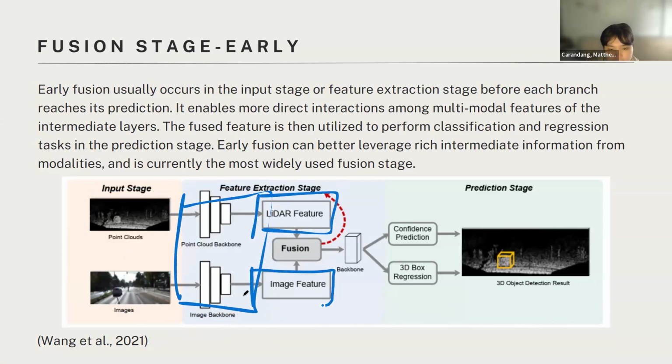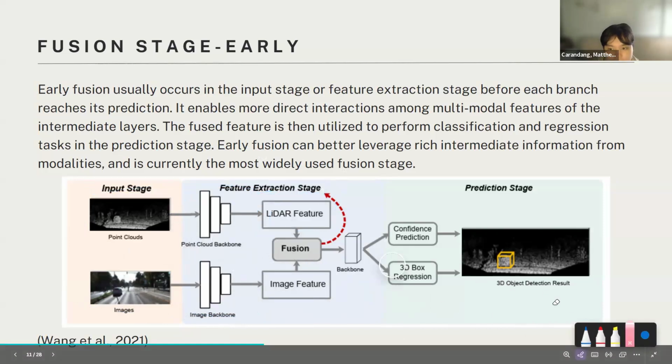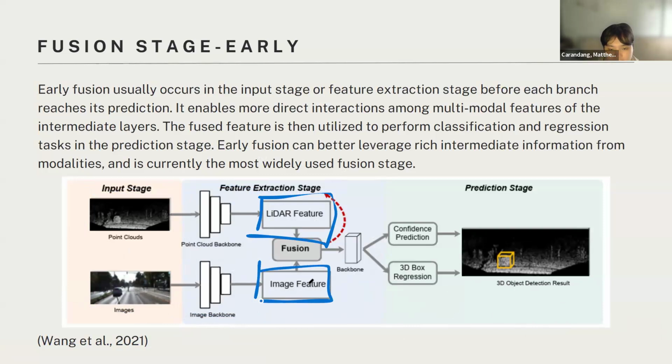So we have each feature. Early fusion would be fusing the LiDAR feature and the image feature at the feature level before it is even fed to the detection head or used for predictions.